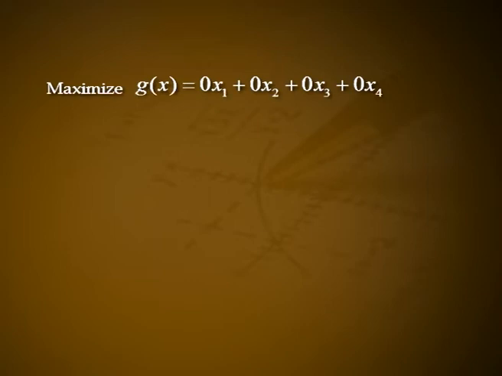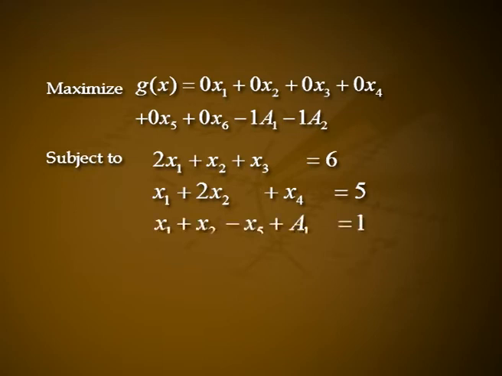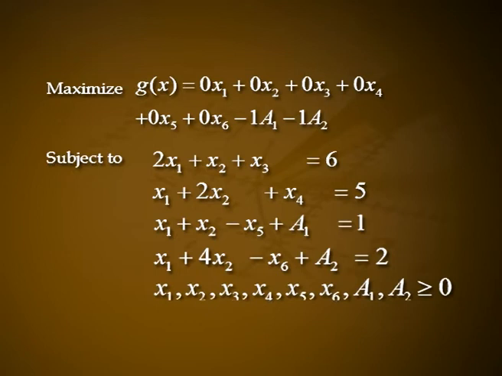The new problem is to maximize g of x equal to 0x1 plus 0x2 plus 0x3 plus 0x4 plus 0x5 plus 0x6 minus 1a1 minus 1a2 subject to 2x1 plus x2 plus x3 equal to 6, x1 plus 2x2 plus x4 equal to 5, x1 plus x2 minus x5 plus a1 equal to 1, x1 plus 4x2 minus x6 plus a2 equal to 2, where x1, x2, x3, x4, x5, x6, a1, a2 greater than or equal to 0.